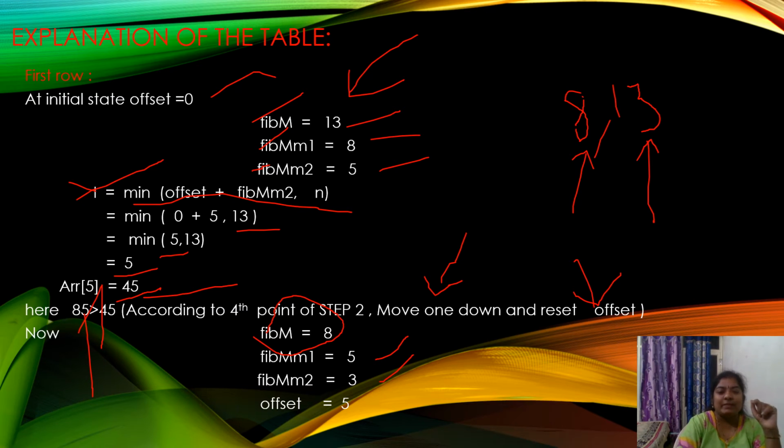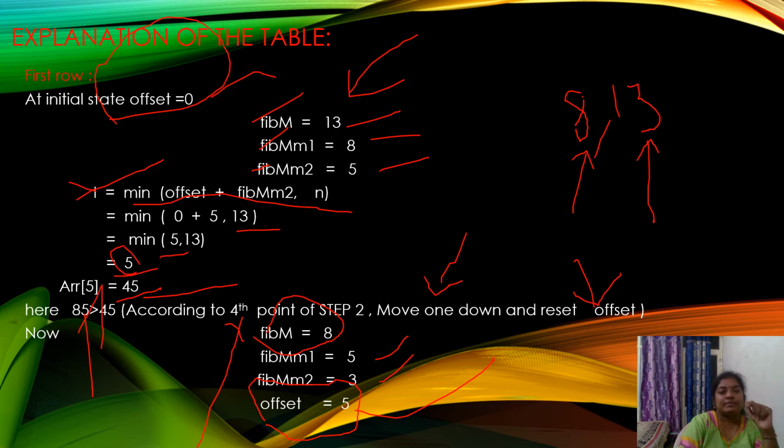Reset offset means at the initial stage the offset value is 0; now offset becomes index. What is I? 5. So the offset is now 5. This is the way of filling the values in the first row. So for the first row, the output is this one.